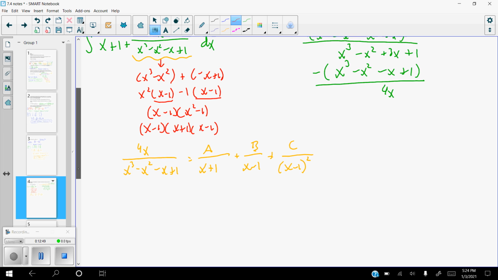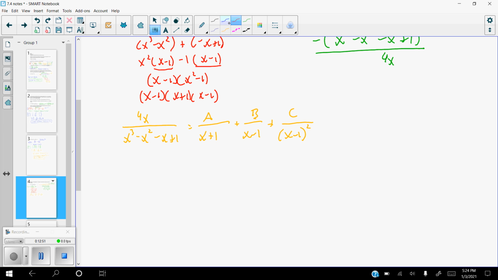All right. Now we're ready to go ahead and get rid of all the denominators. So remember, getting rid of the denominators, multiplying both sides by the common denominator will give you 4x on the left. Let's see, a is missing two of the factors. It is missing both of the x minus 1s. So the a is going to get multiplied by x minus 1 times x minus 1, or x minus 1 squared.